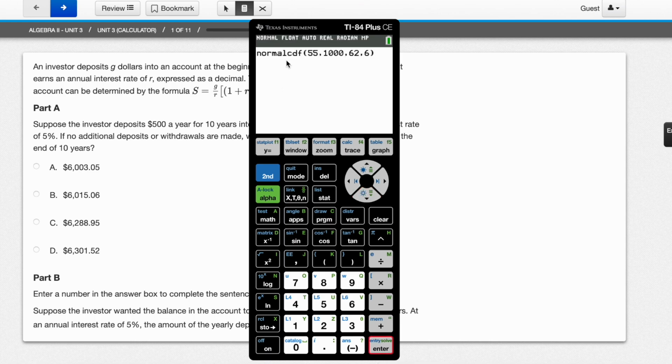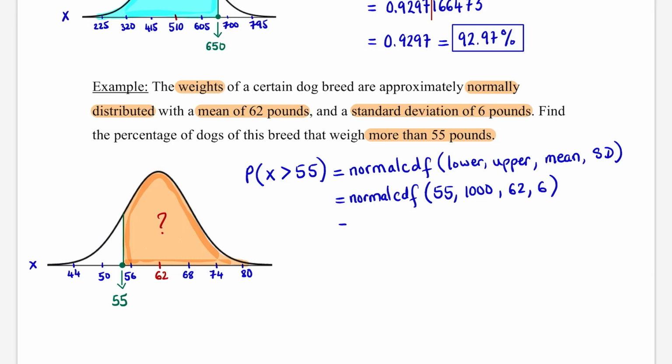Enter. Normal distribution: lower bound, upper bound, mean, standard deviation. Enter. And this is my answer. The question does not give me any rounding instruction, so I'll just give you an instruction now: round to 4 decimal places.